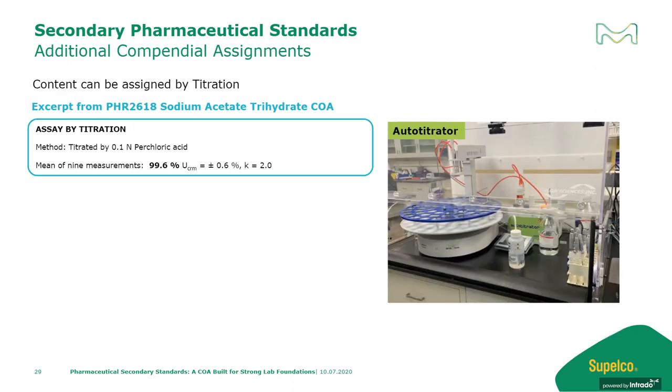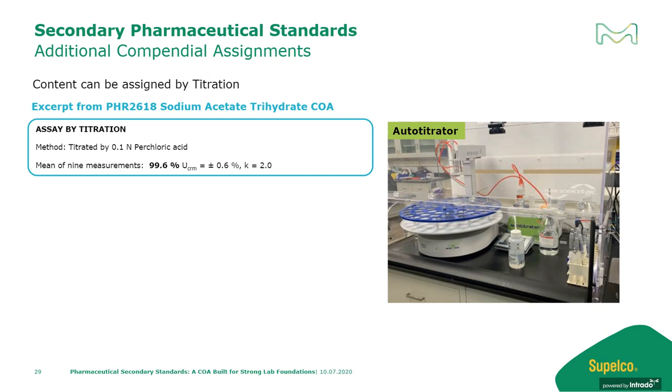Other types of assays can be performed. For example, content can be assigned by titration. Here is an excerpt from the secondary standard C of A for sodium acetate trihydrate. The material was titrated using perchloric acid, and uncertainty has been assigned. In the case of this particular product, there are two certified values, one by titration and one by mass balance.